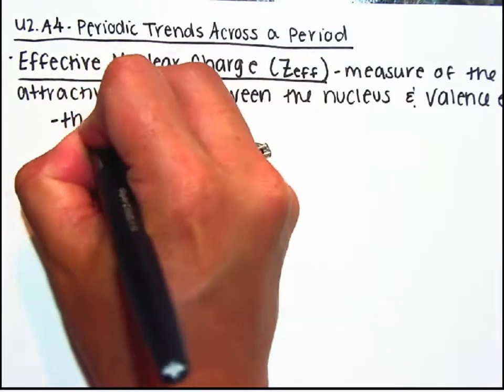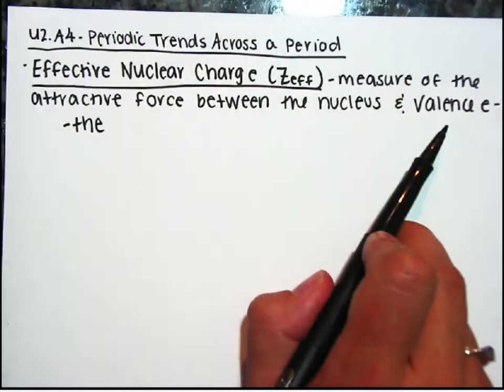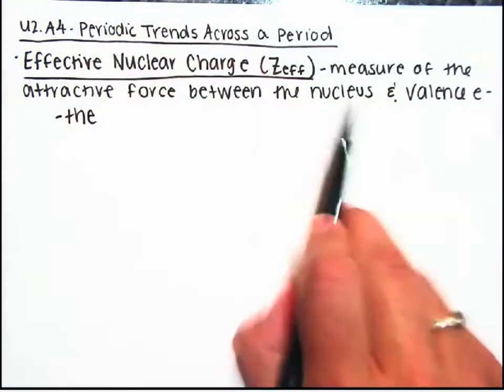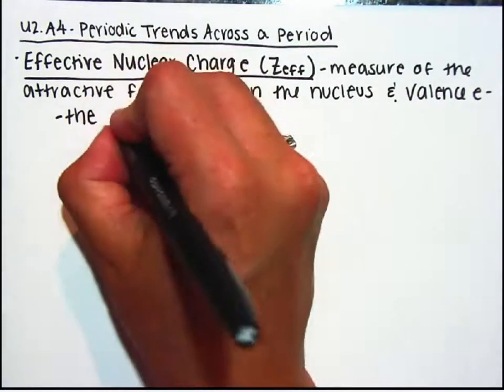Remember that the nucleus is overall positively charged, and we know that valence electrons are negatively charged. So there's going to be an attraction between our positively charged nucleus and our negatively charged valence electrons.